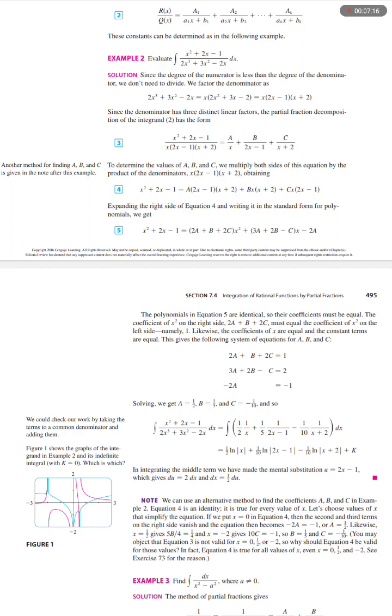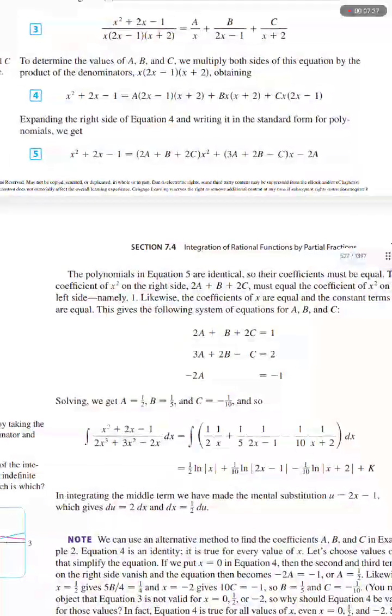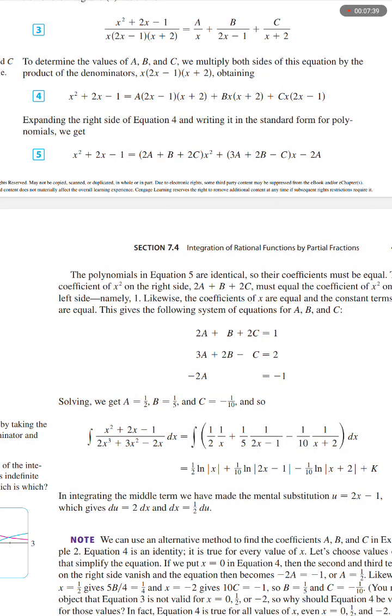Sidebar: another method for finding A, B, and C is given in the note after this example. Good. Back to the text. To determine the values of A, B, C, we multiply both sides of this equation by the product of the denominators.